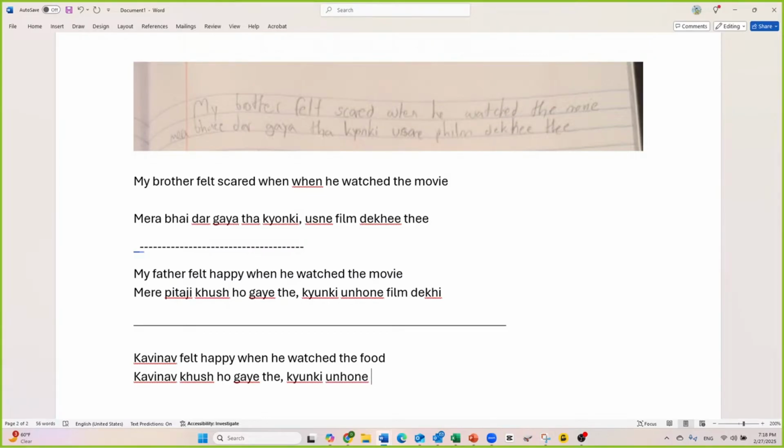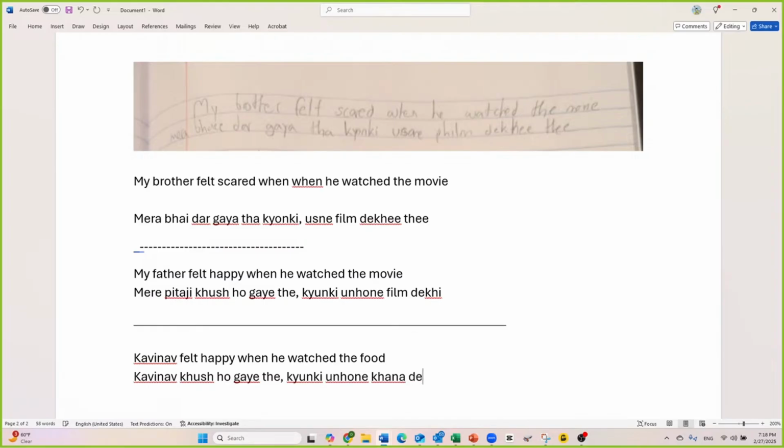What did he see? He got happy when he saw the food. What is the Hindi word for food? So I remember kala was eat. Yes. So food is also khana. Oh, okay. And then dekhi.